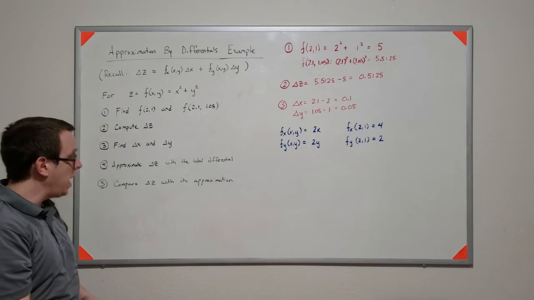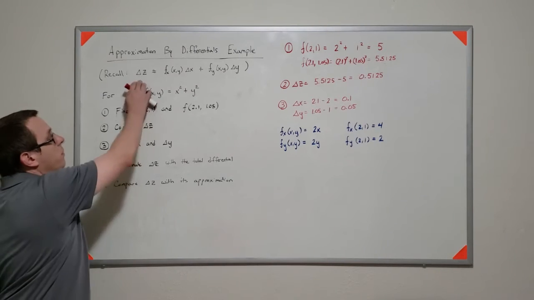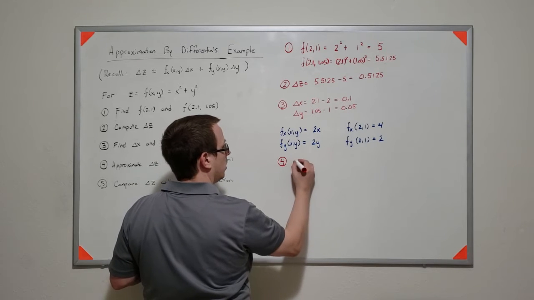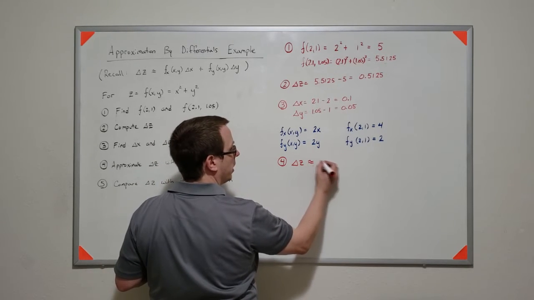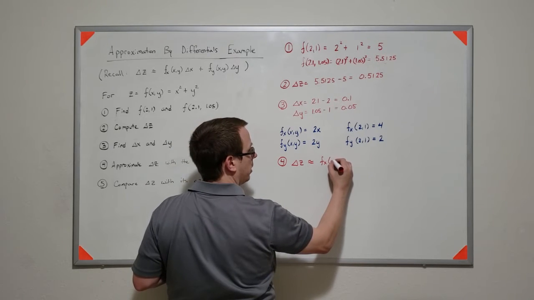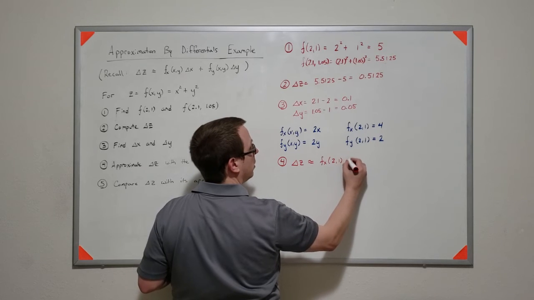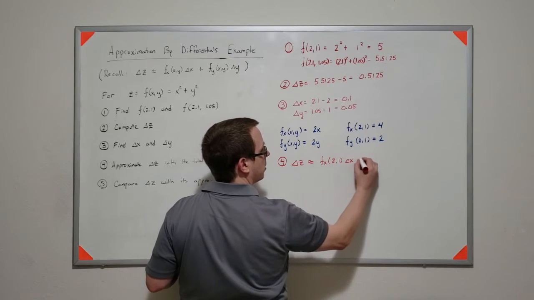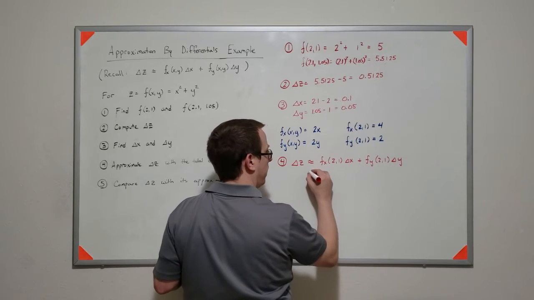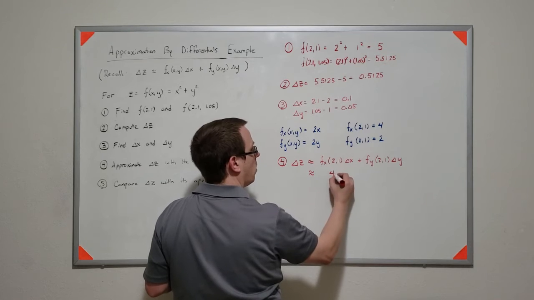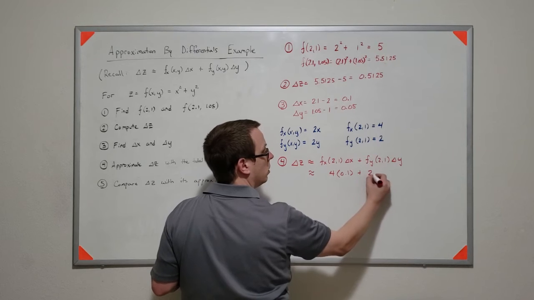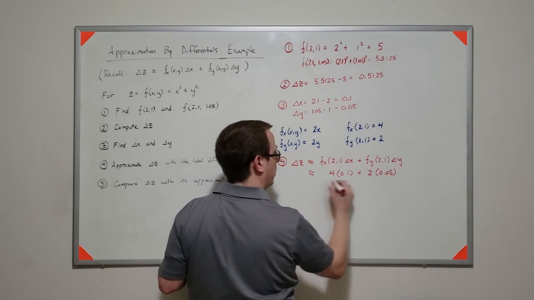Now to get back to the problem at hand, we have this formula. Delta z is approximately fx at (2, 1) delta x plus fy at (2, 1) delta y. So that's approximately 4 times 0.1 plus 2 times 0.05.